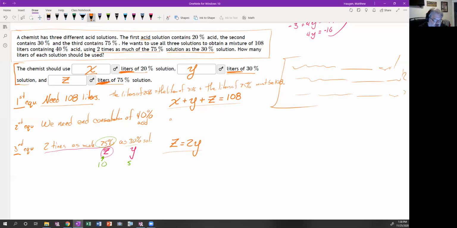So the amount of acid from the 30%, oh, sorry, from the 20%, I'm just going to say from X, plus the amount of acid from Y plus the amount of acid from Z has to equal the amount of acid from the total, right?